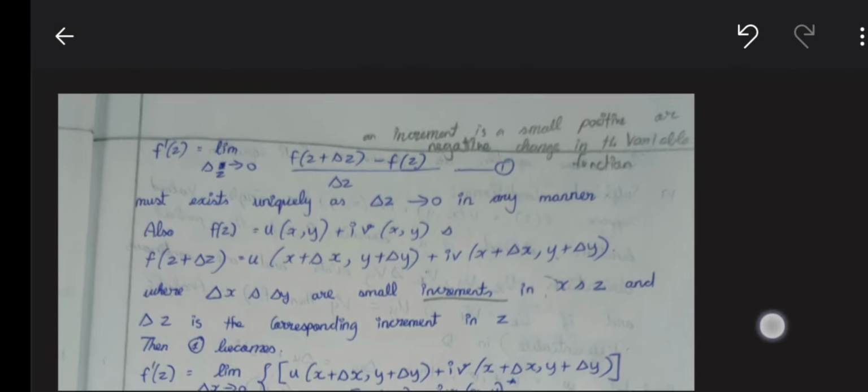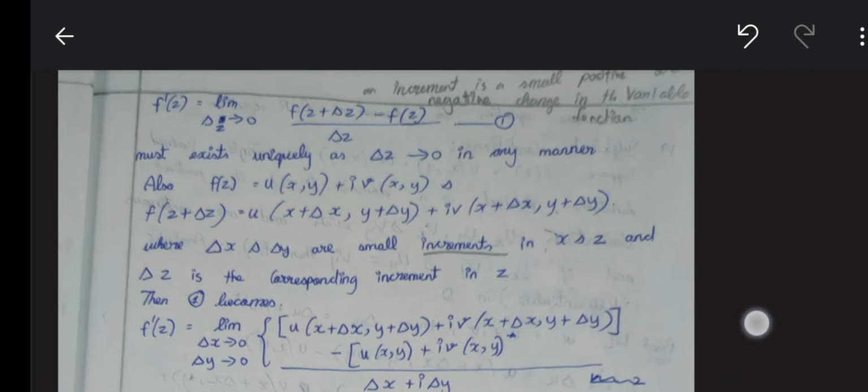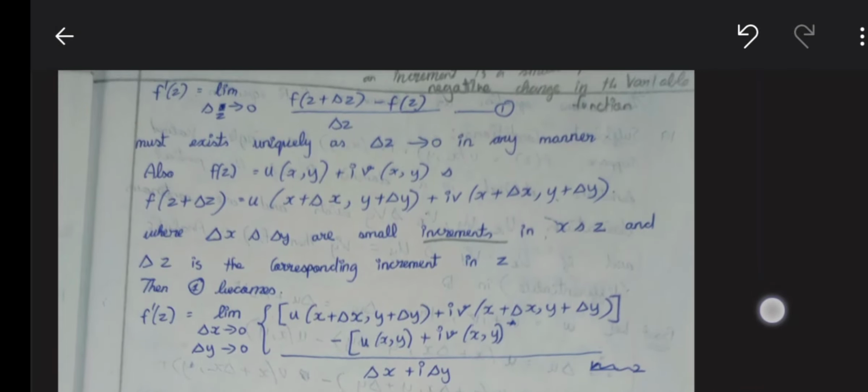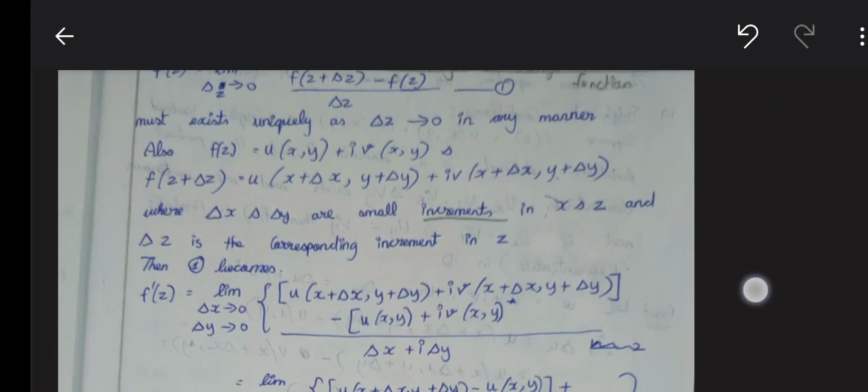What is meant by increment? An increment is a small positive or negative change in the variable or function. It is also known as an increment in a salary. If there is a salary of 30k for a person, we can say there is an increment of 2 percent. It will probably increase by about 2k yearly, like that.